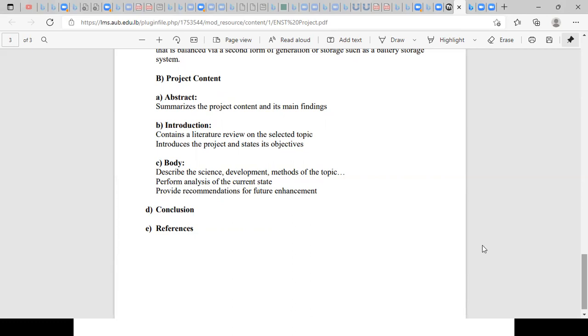Okay, so first, any research paper we write should have an abstract. In the abstract, we summarize the project content and its main findings.